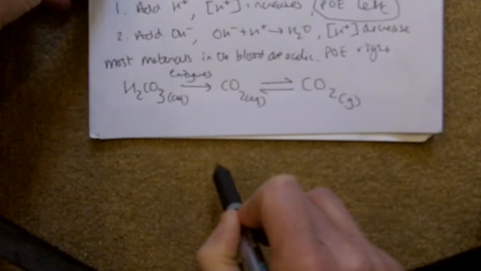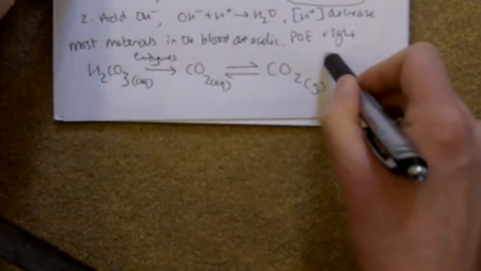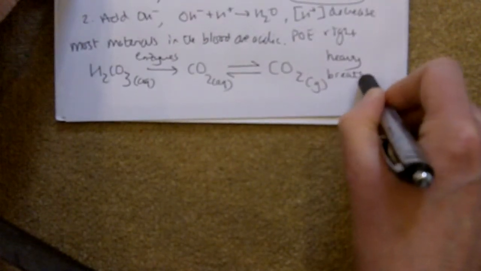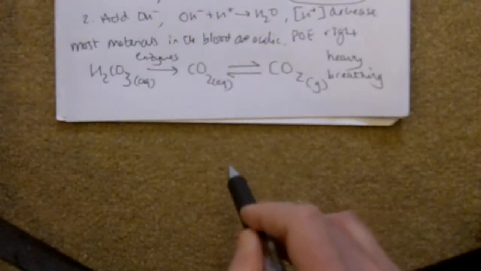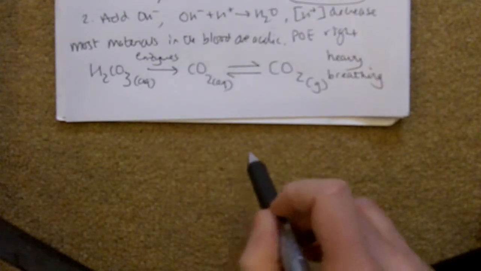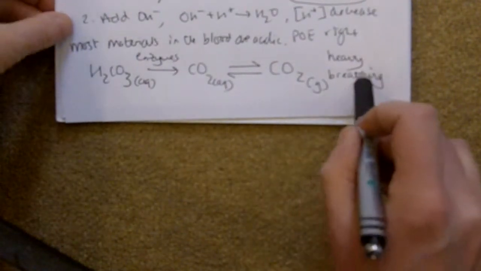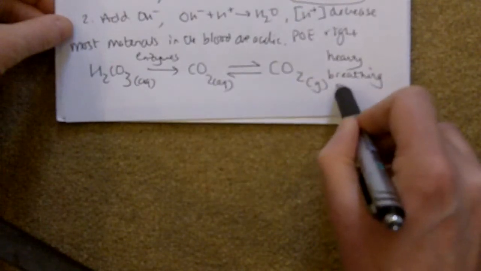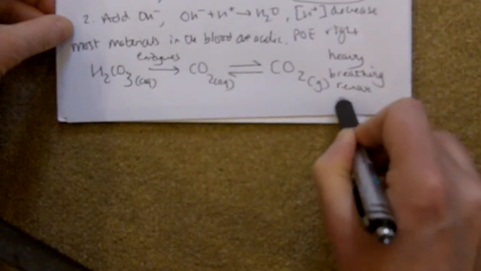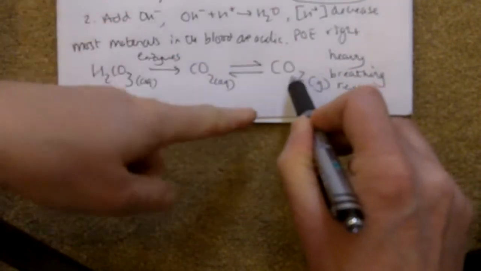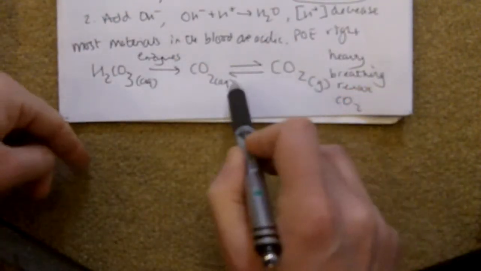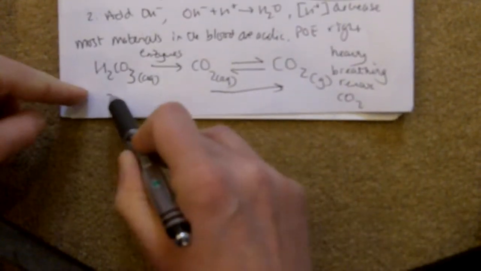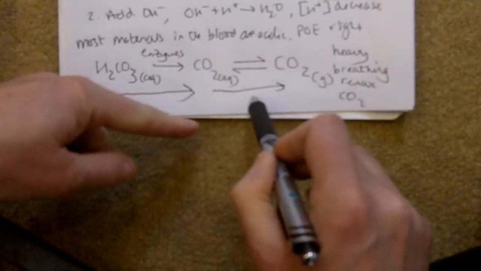So if you have a buildup of acid, for example when you're doing exercise, the pH of your blood can become more acidic. With heavy breathing, you will remove the CO2, which will then push the equilibrium to the right, and therefore will use up more carbonic acid.